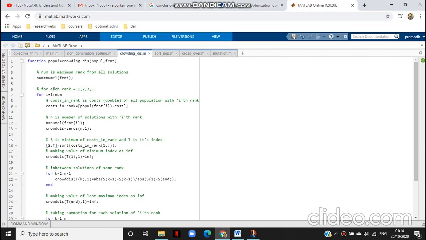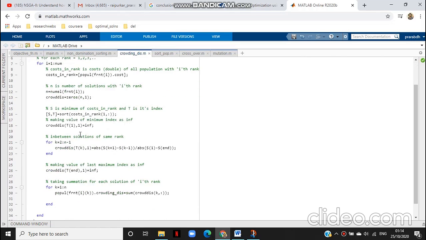How we do it is, inside each rank, we find all the costs. For rank 1, we find all the costs, and then we sort them according to cost. Then we give the outer two points infinity. Like here we have given the minimum index infinity, and here we have given the last index infinity.